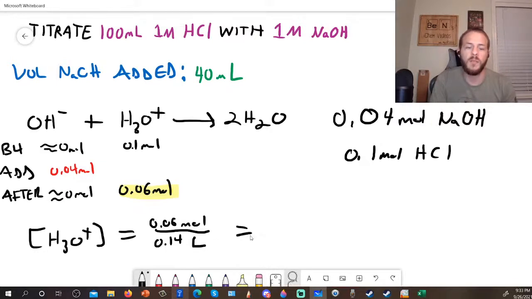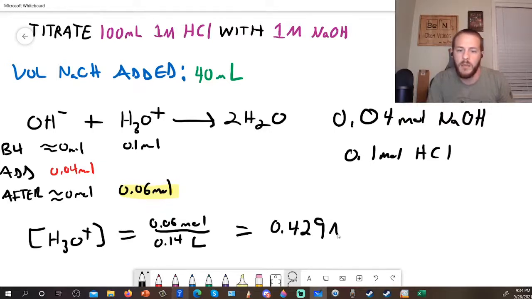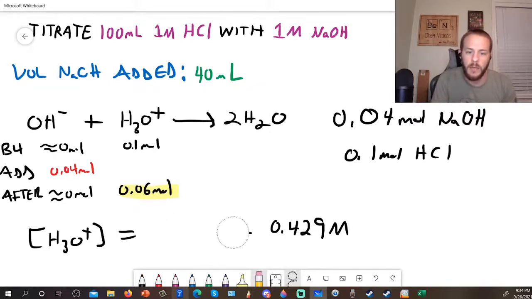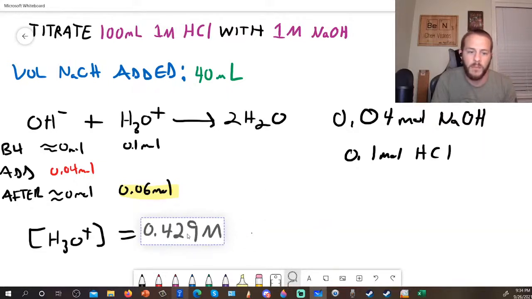So 0.06 moles divided by 0.14 liters. The value that I got for the concentration of hydronium ion is 0.429 molar, right? 0.429 molar. Gonna drag that right over there.